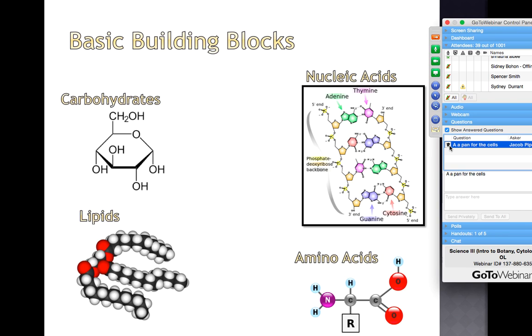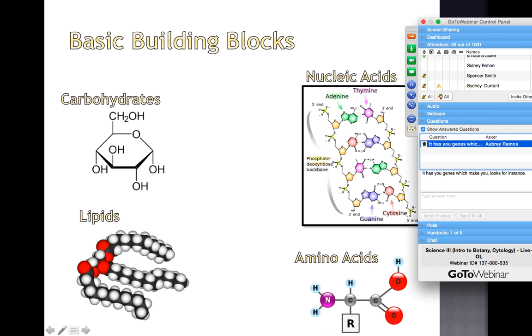That's right. So it's the instructions of what the cells can do. We call that the genetic code or the genetic information. Jacob says it's a plan for the cells. That's right, it's the instruction booklet of life, really.